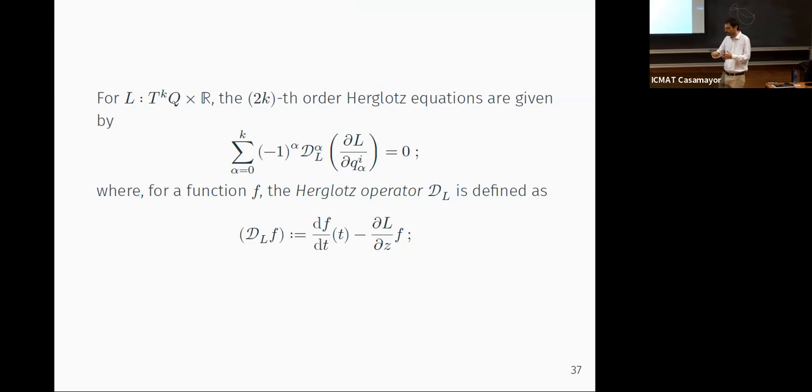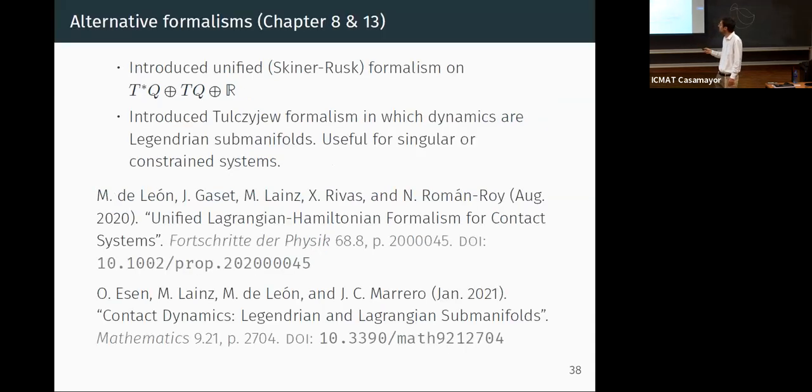If your Lagrangian depends on k derivatives, then the equations should be of order 2k, and they have this structure, with this thing over here being what we call the Herglotz operator. If you see in the case k equals 1, you recover the Herglotz equation, but this gets very complicated once you get higher order. These systems also have a Hamiltonian formalism that we have also explored.